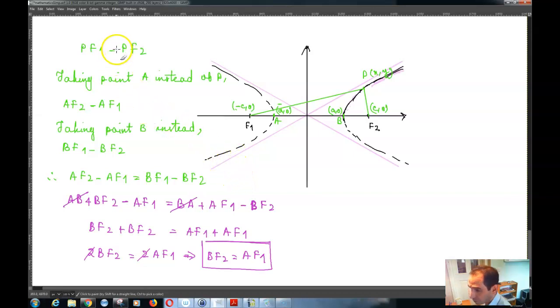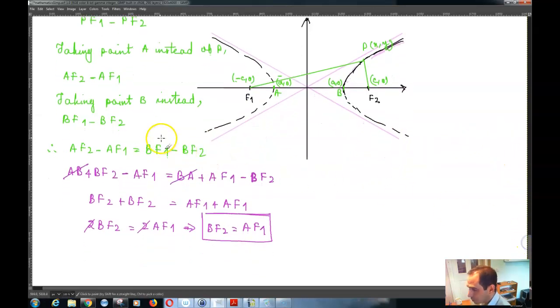Now over here, BF1 minus BF2 that we had was equal to BA plus AF1 minus BF2.